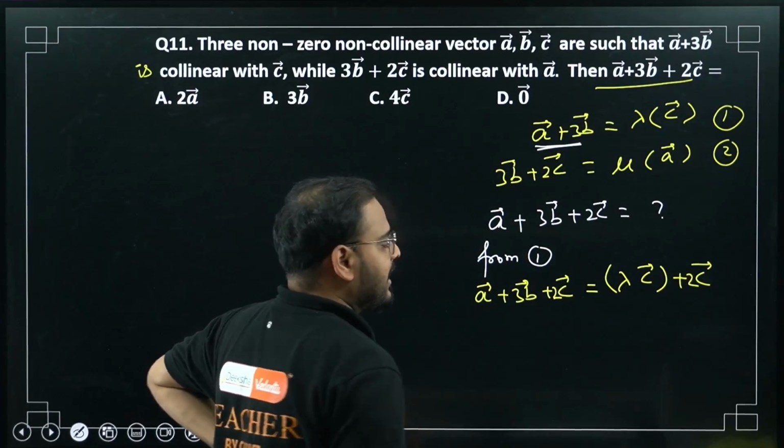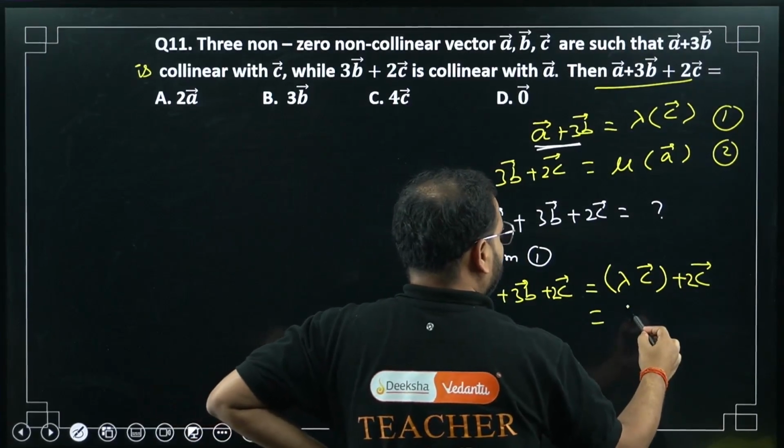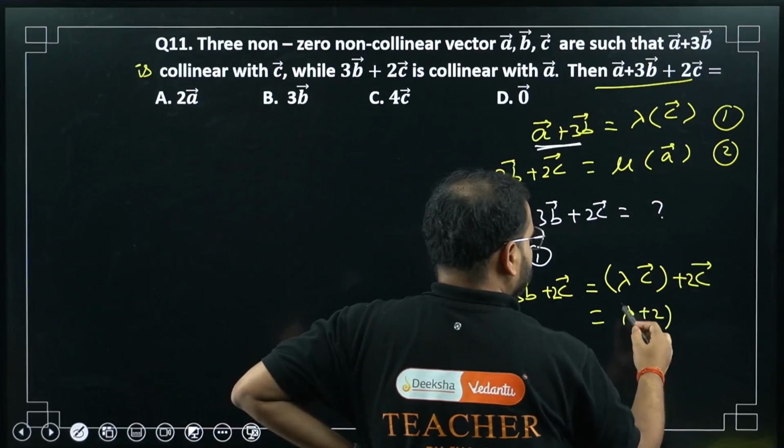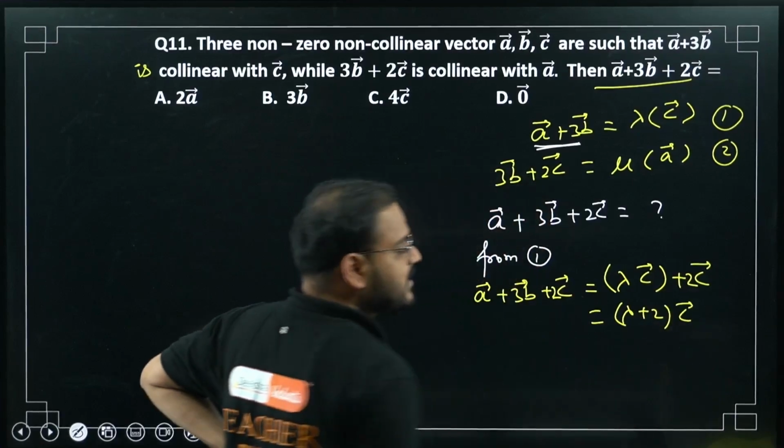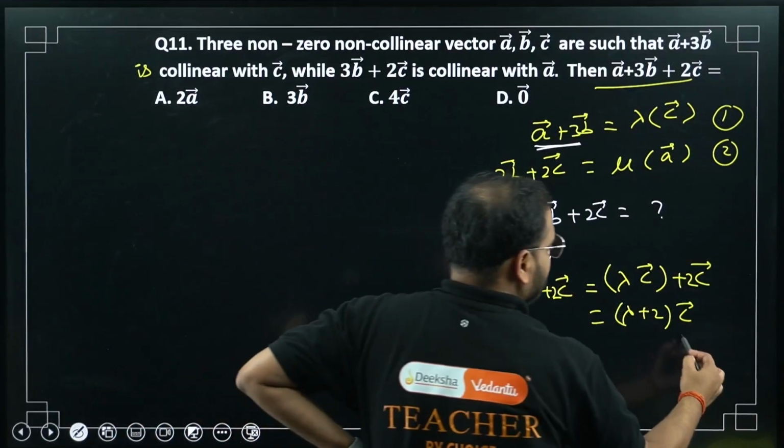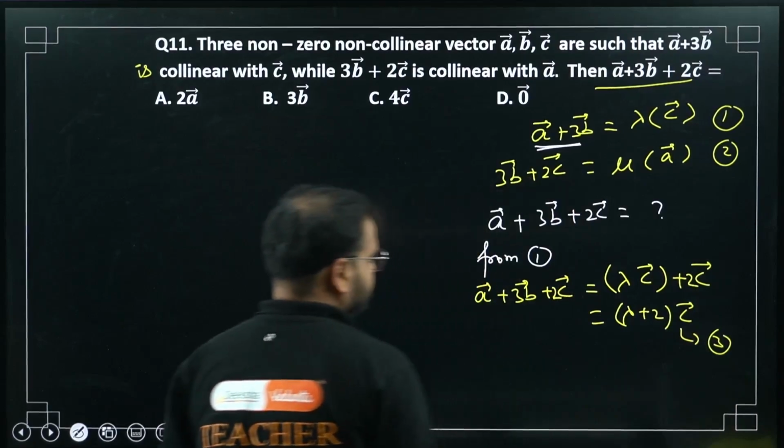Now take vector C common, and I get lambda plus 2 times C. Let's call this equation number 3.